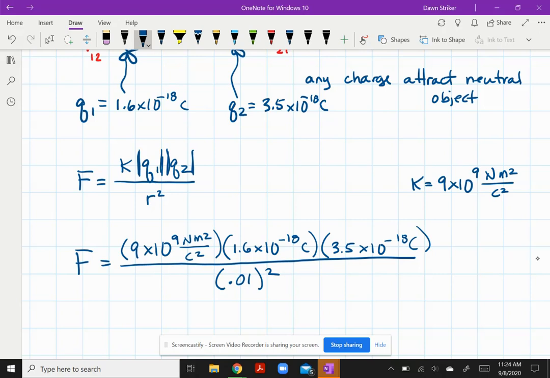Notice that meters cancel with meters, and coulombs squared cancel with the coulomb and coulomb, so I'm left with newtons. My charges need to be in coulombs and my distance in meters, and I'll get my force in newtons.